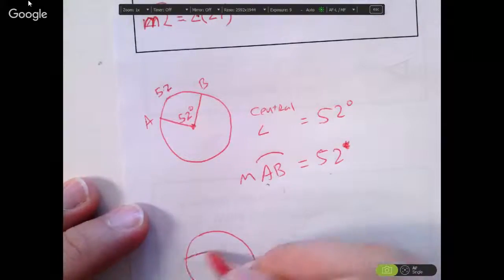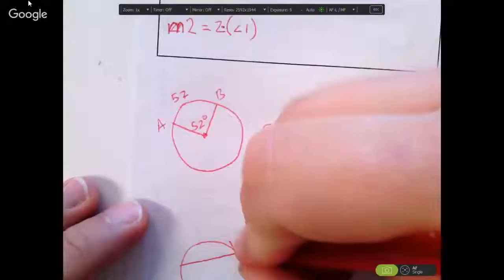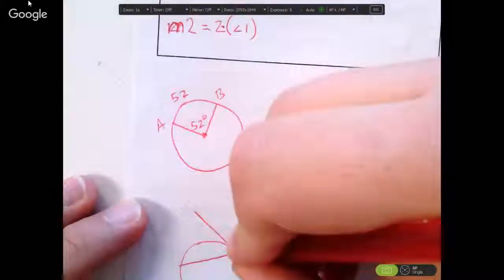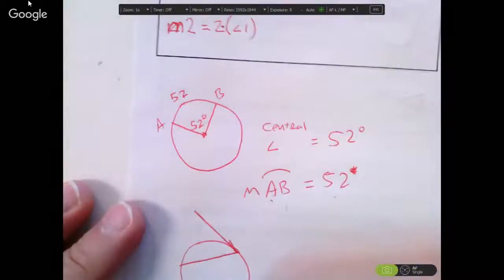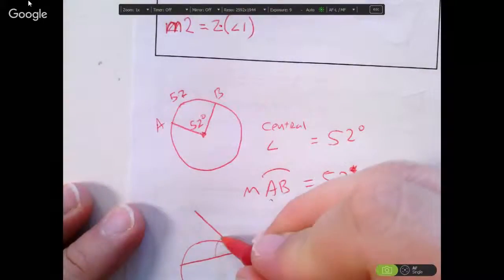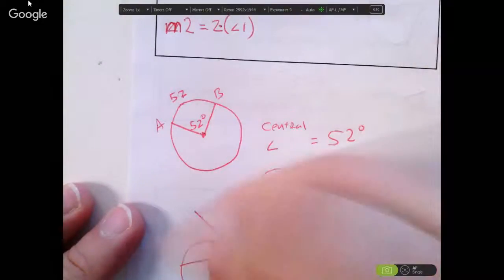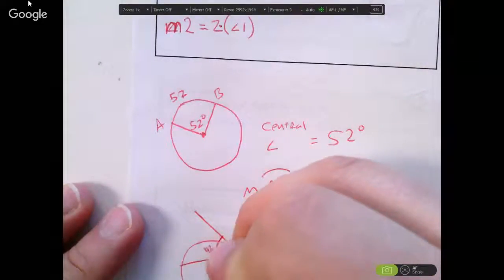So I have a chord and I have an inscribed angle even though it is tangent. What would you write if that angle was 88? If that was given, it couldn't be 88 because this angle is no way 88. Let's call it 42.